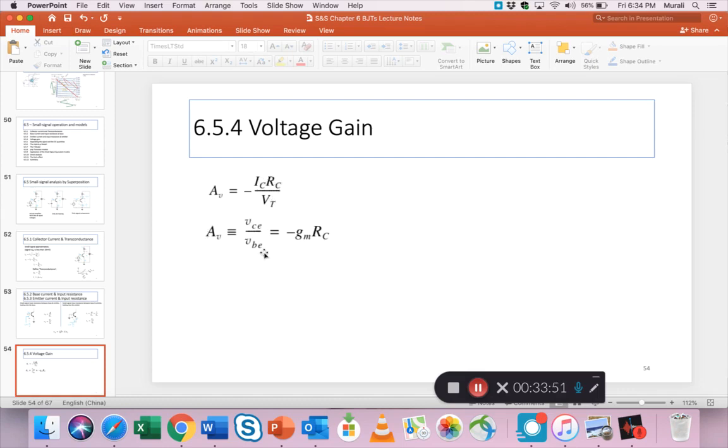The most important definition, of course, is AV is the output small VCE divided by the input small VBE, meaning the signal only voltages, right? And what is this? How can you guess?